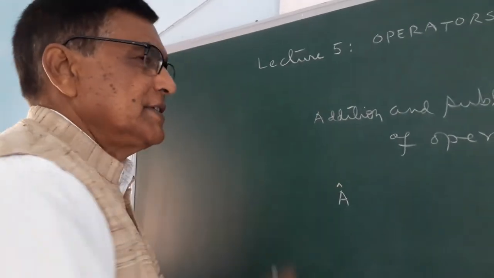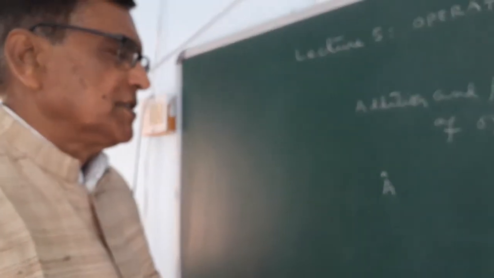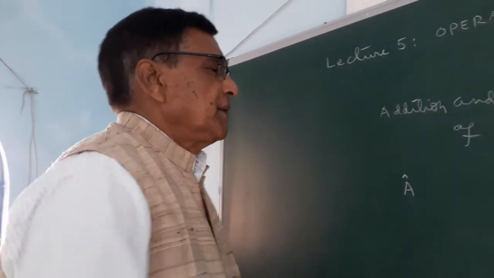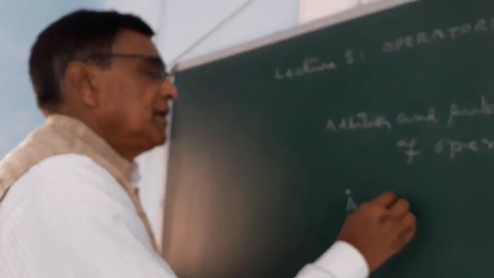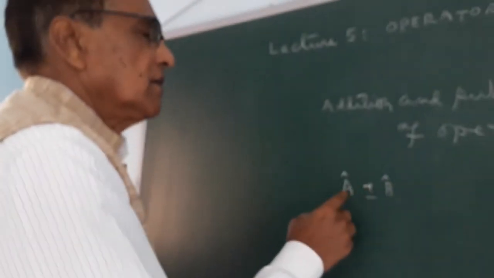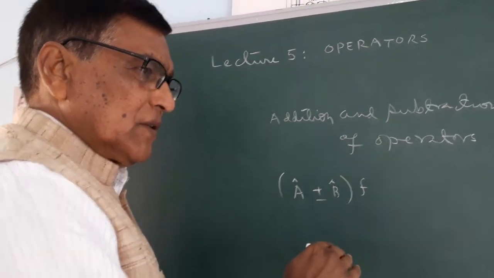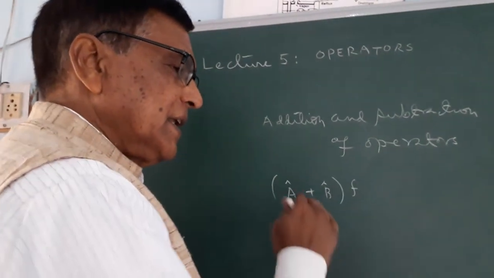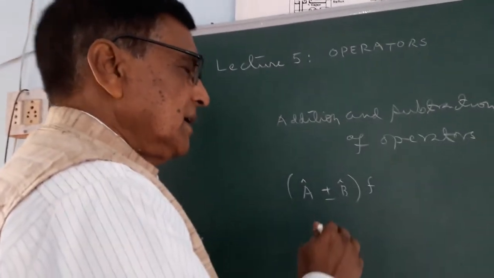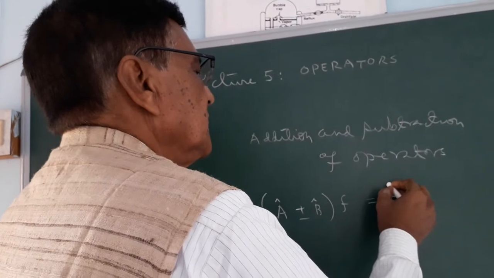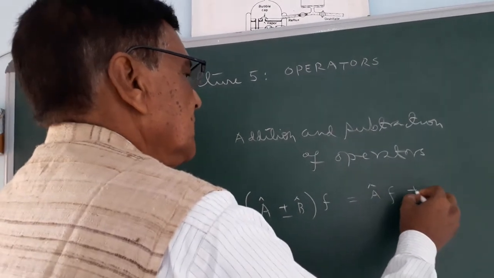Say A cap; a cap is generally given on the head of the symbol for the physical property. A cap plus or minus B cap is another operator. Whenever it operates on a function, any operation could be done on a function, and this gives you A cap f plus or minus B cap f.